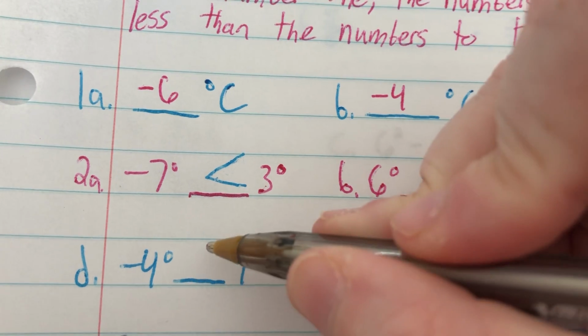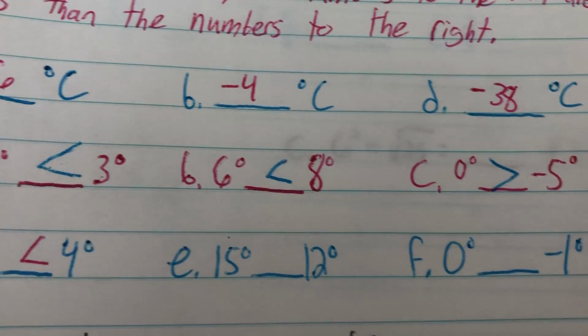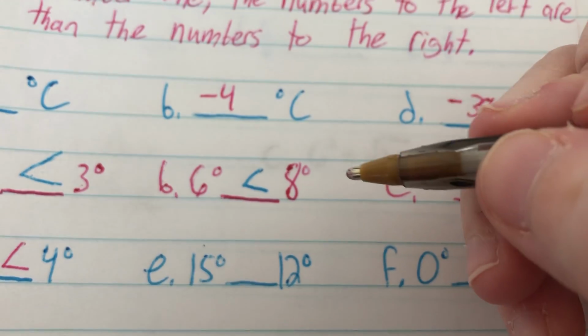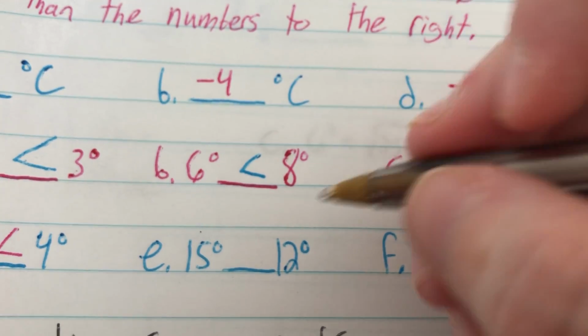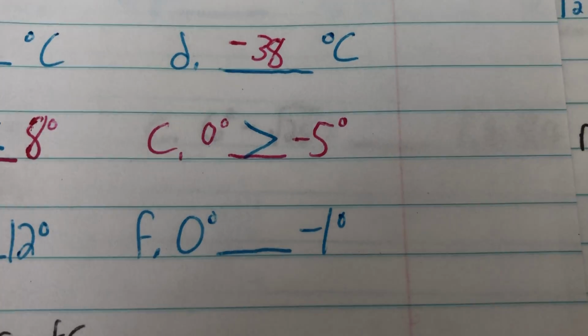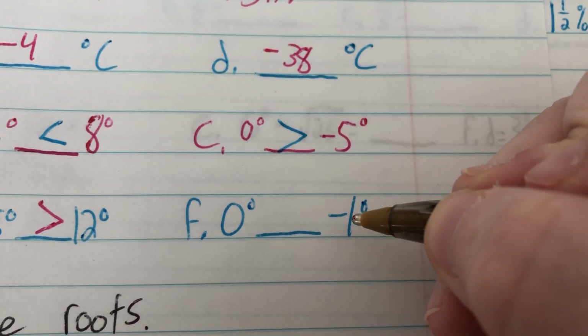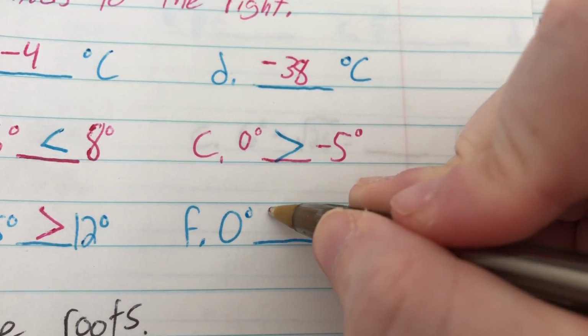Negative numbers are always less than positive numbers, so 4 is larger. E, 15 degrees or 12 degrees. 15 is larger. And F, 0 degrees or -1 degree. Negative is smaller than 0, so 0 is larger.